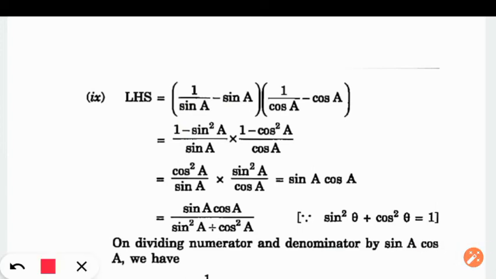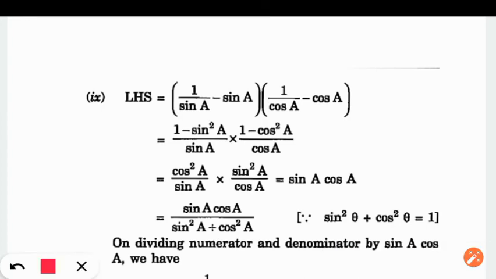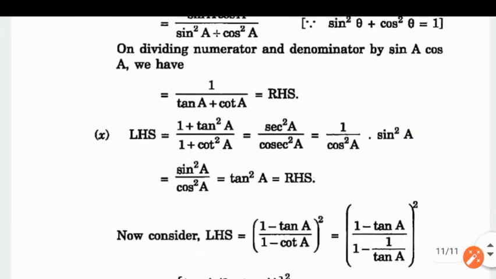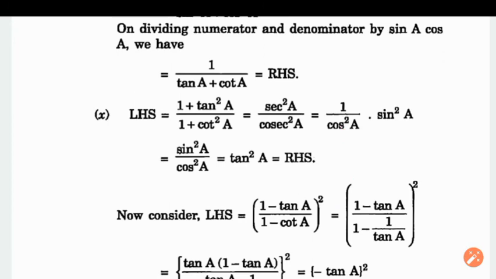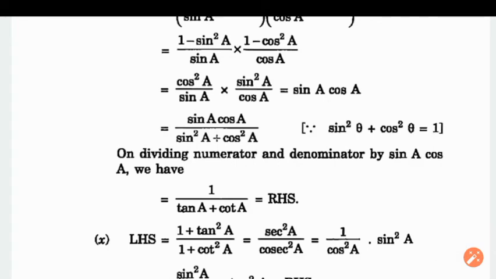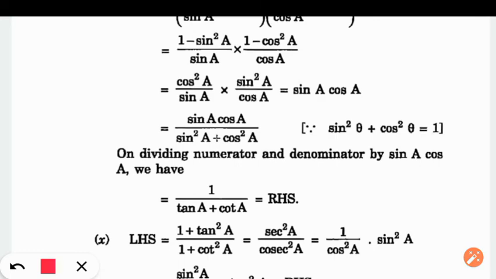It is sin square A. So after cancelling this one with this power, this one with this power, we have sin A cos A. Now don't do anything. Leave this LHS as sin A cos A.